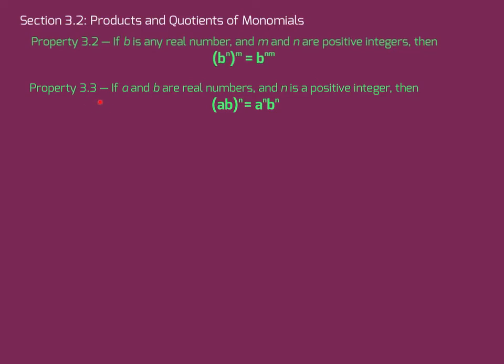Property 3.3 states, if a and b are real numbers and n is a positive integer, then a times b together raised to the nth power is equal to a to the power of n times b to the power of n. Basically, as long as you're multiplying inside the parentheses, you can think of it as distributing that n power in.